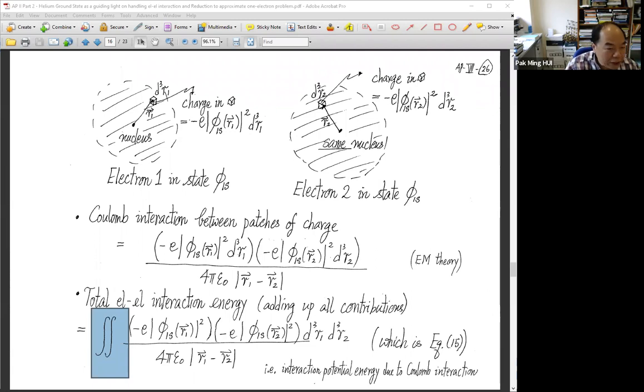Before I introduce the name, it is nothing but understanding the picture. Is that okay? And the answer is finite. You integrate it over, you can get an answer.